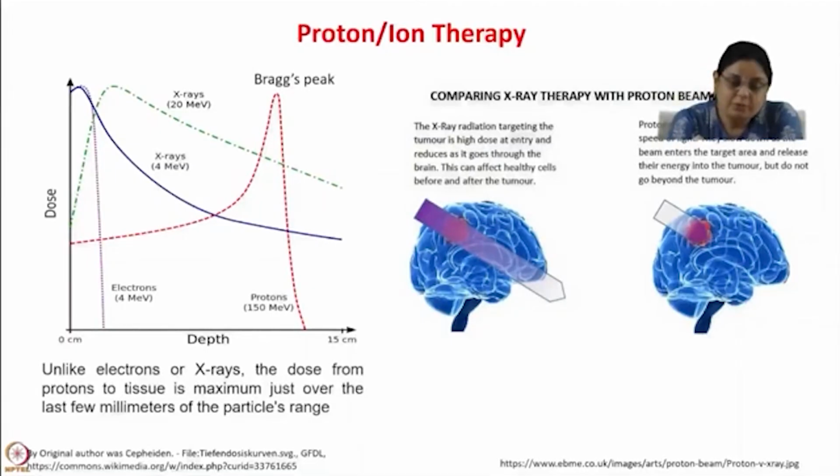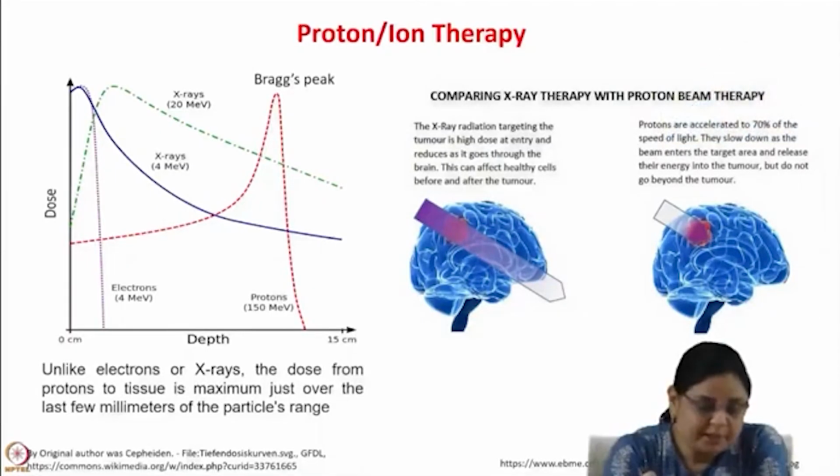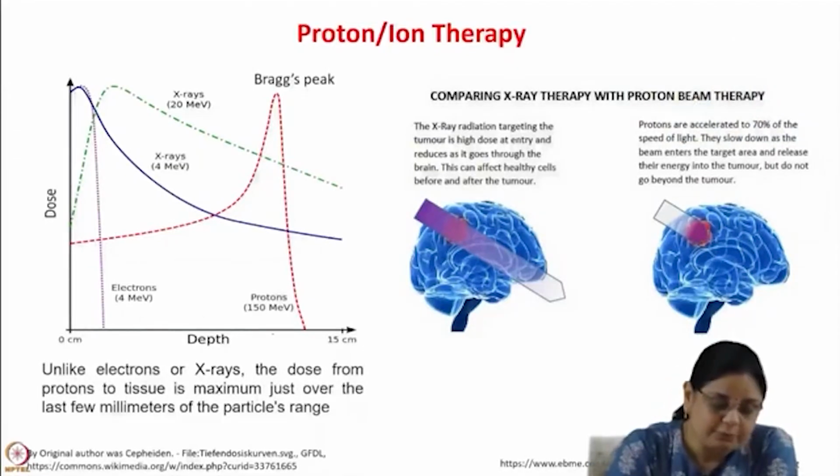The advantage of proton therapy or ion therapy is seen in the depth dose curve. For X-rays, you see that initially the dose is high and then it decreases as the depth increases. This is for different energies of X-rays.